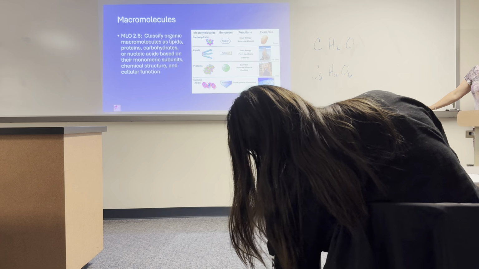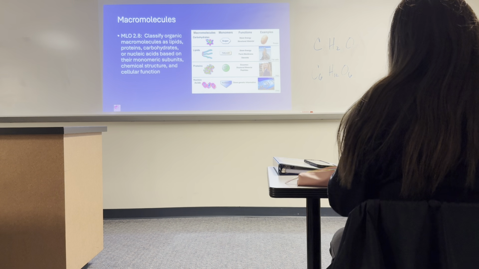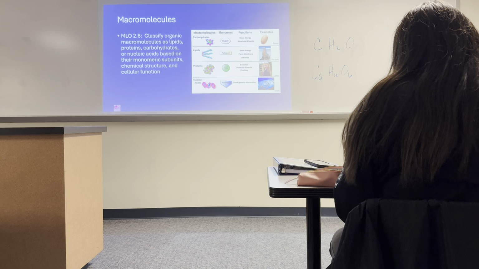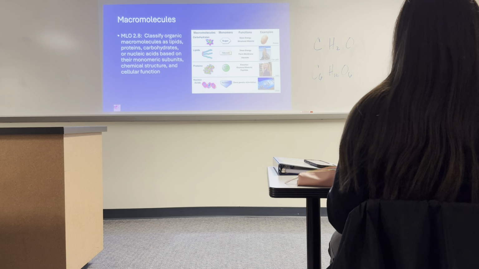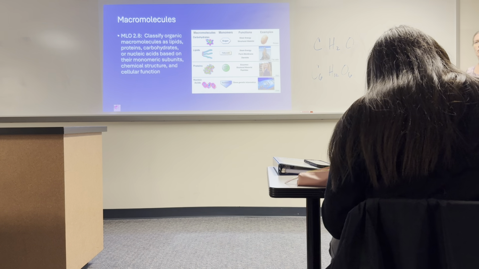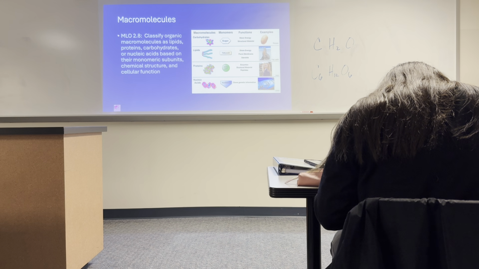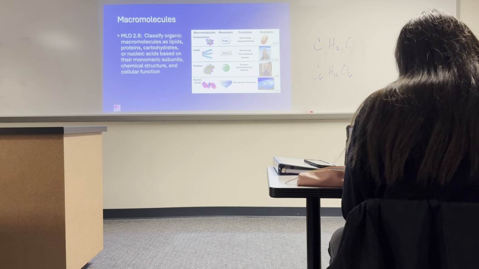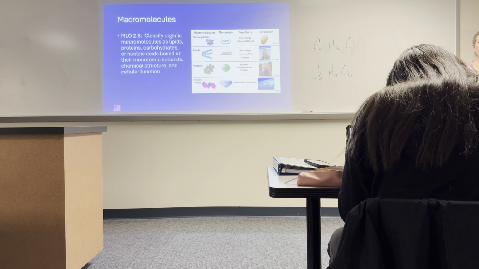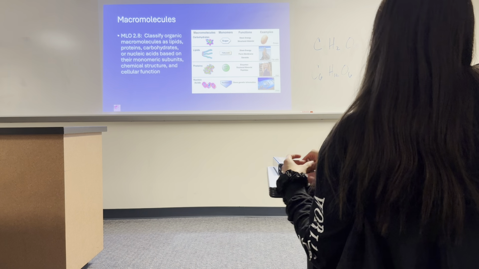Now, let's see. We often see the carbonyls and the hydroxyls as functional groups in the carbohydrates. Those are usually what we're going to see present. So when we look at our carbohydrates, you have your ketoses and your aldoses, ketones and aldehydes.